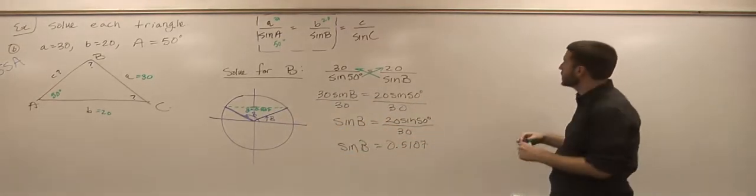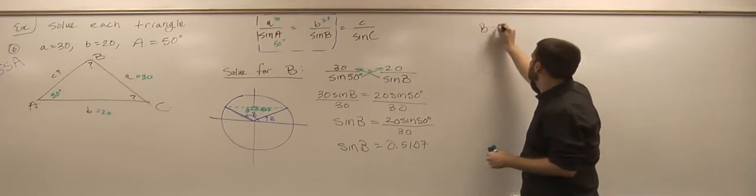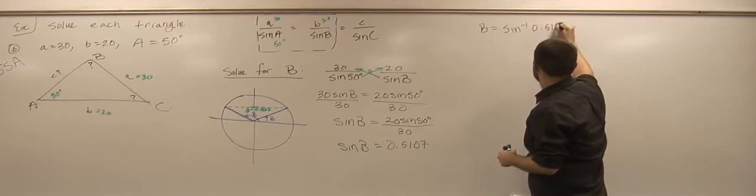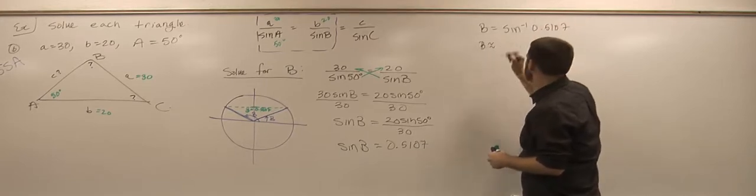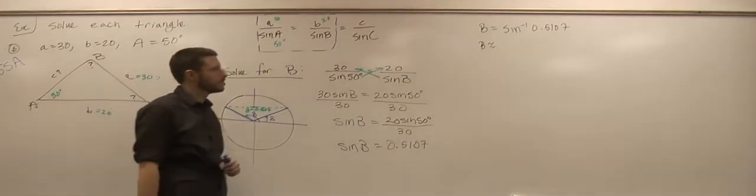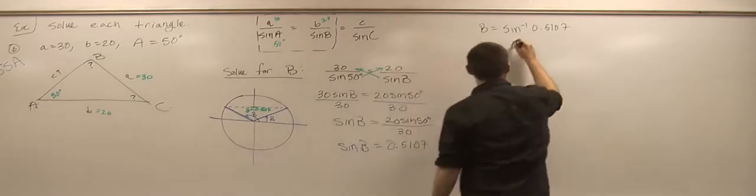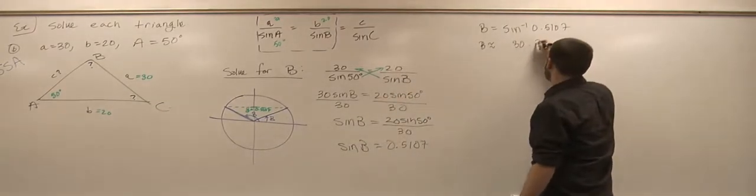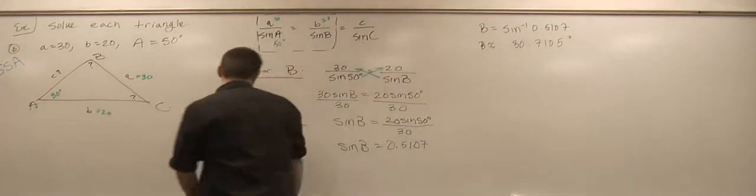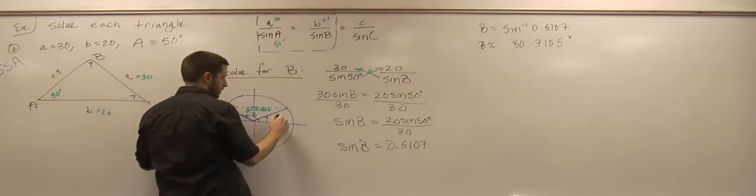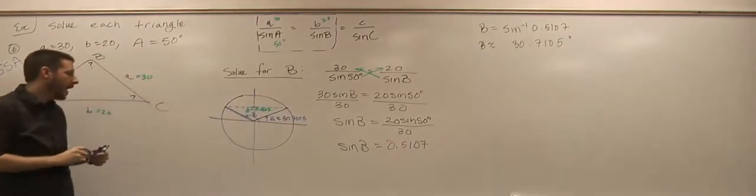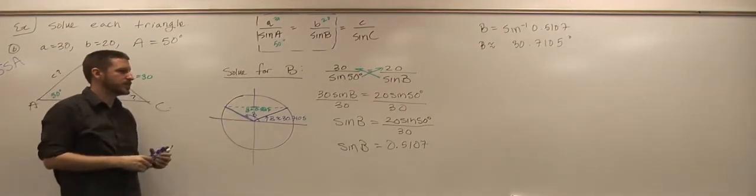So when you hit sine inverse on this, what do you get? 30.7105 degrees. So that's this guy. How would we get this bigger angle in the second quadrant?